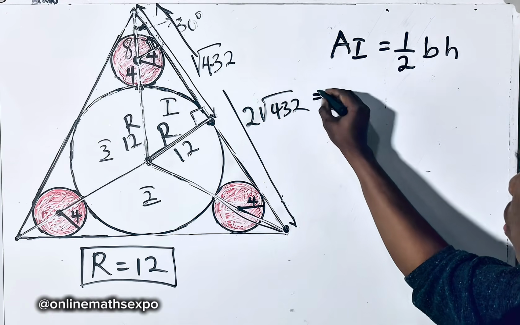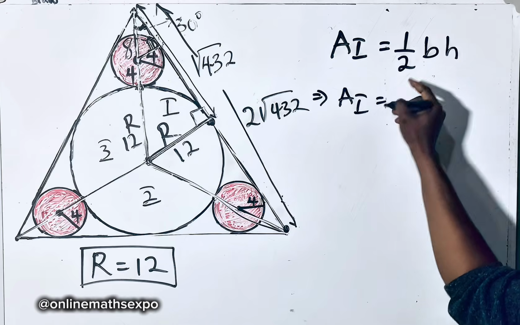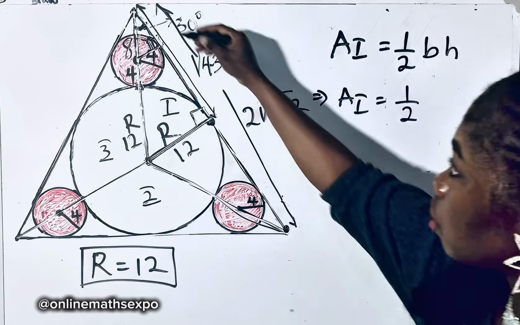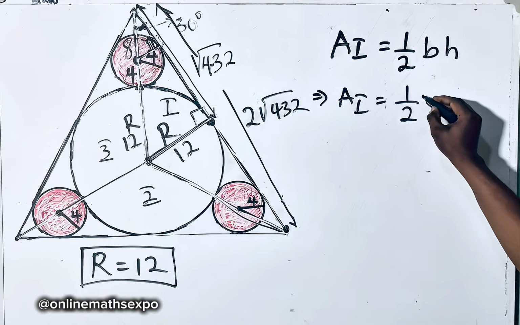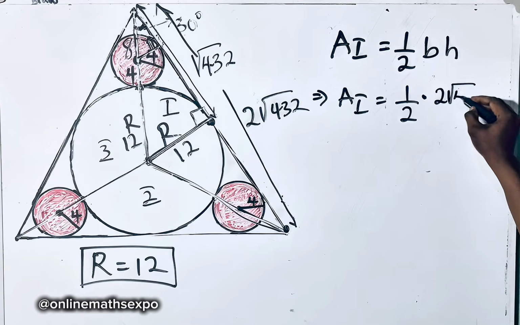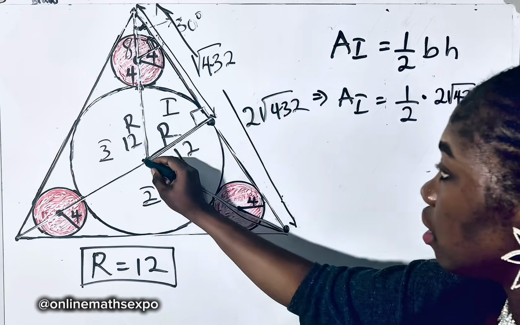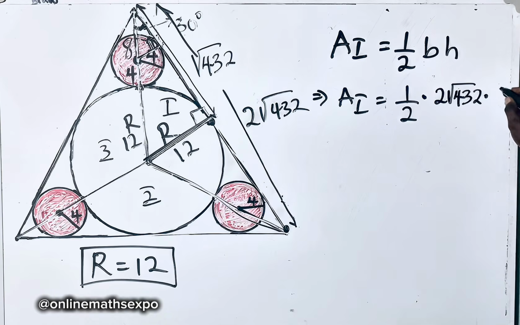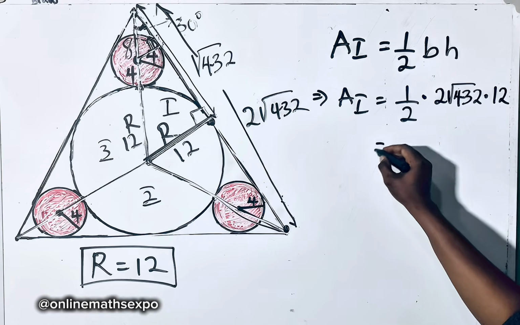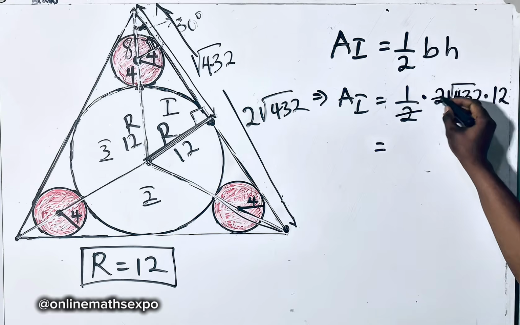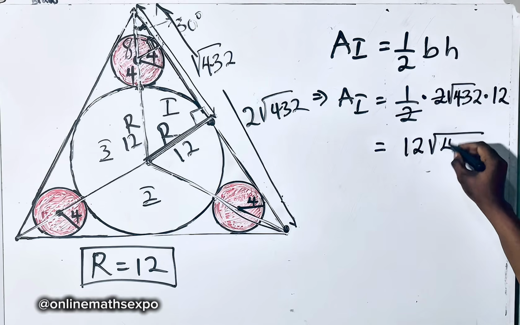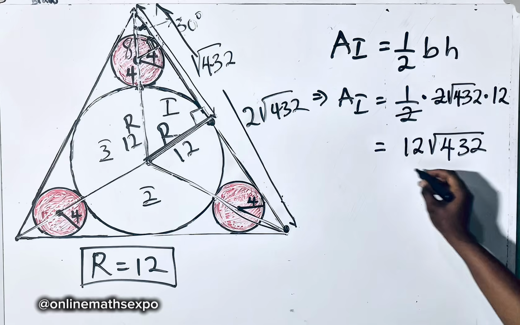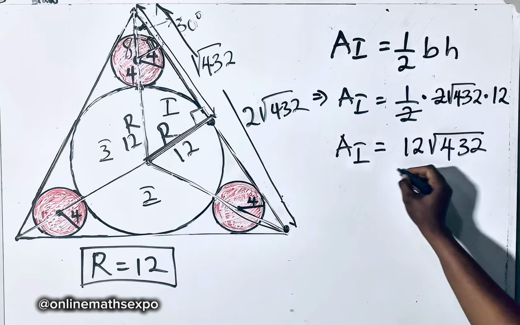That gives us area of triangle 1 is half, this is the base of this triangle, multiplied by 2 root 432, then multiplied by the height. This height is given as 12. So if you simplify that, these 2 will cancel, and we are going to have 12 root 432. This gives us the area of triangle 1.